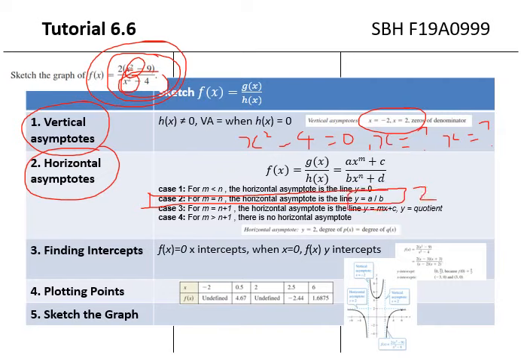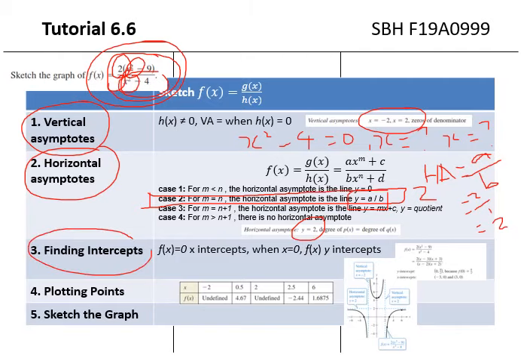Since that, our horizontal asymptote will equal a divided by b. a is how much? 2 and 1 equals 2. So our horizontal asymptote is equal to 2.